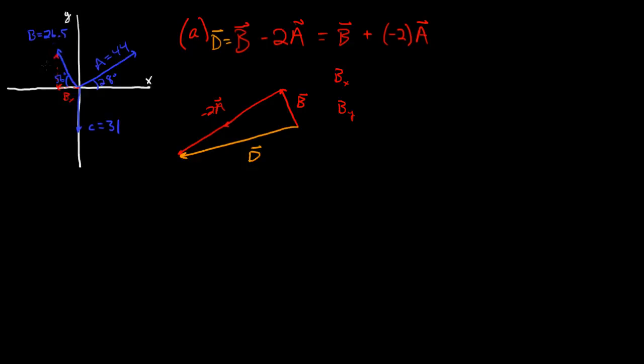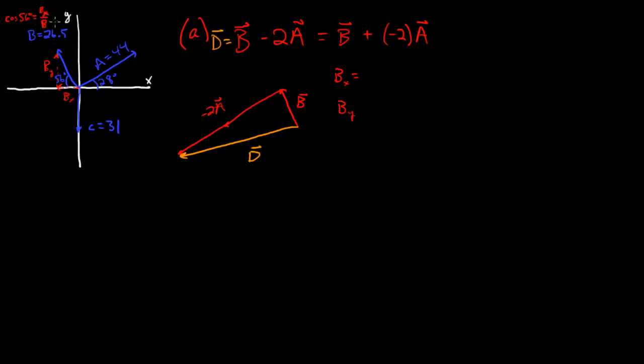If you remember from trigonometry, the cosine of 56 degrees here, that's the angle in here, is going to be equal to the adjacent, which is Bx, over the hypotenuse, which is B. So from that we can find out what Bx equals.